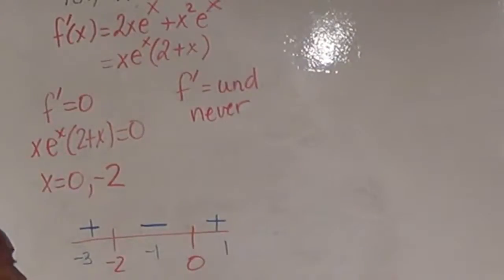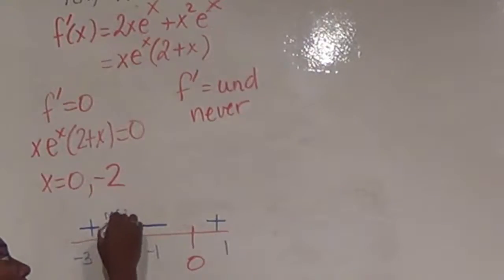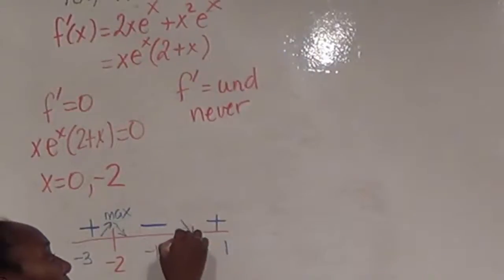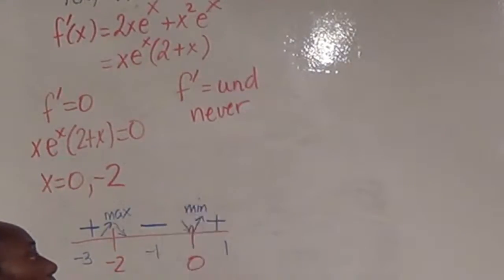Okay. So looking at this information, we see that it's going to be increasing and then decreasing. So we have a max there. And then over here, it's decreasing and then increasing. So we have a min.